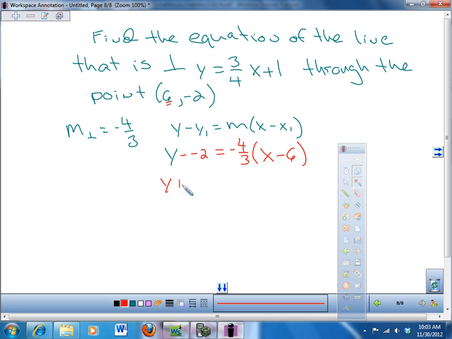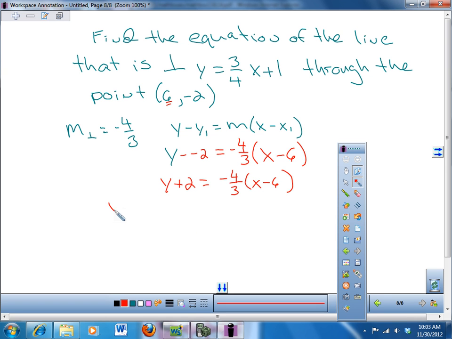Then I'm going to simplify a little bit. y plus 2 equals negative 4/3 times x minus 6. And if they say leave it in point slope form, that's your answer. But if they say slope intercept form, then you have to go through this process.